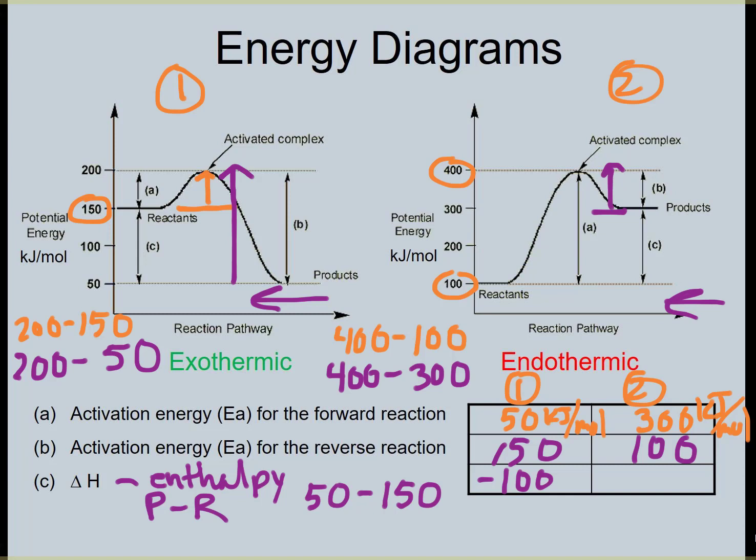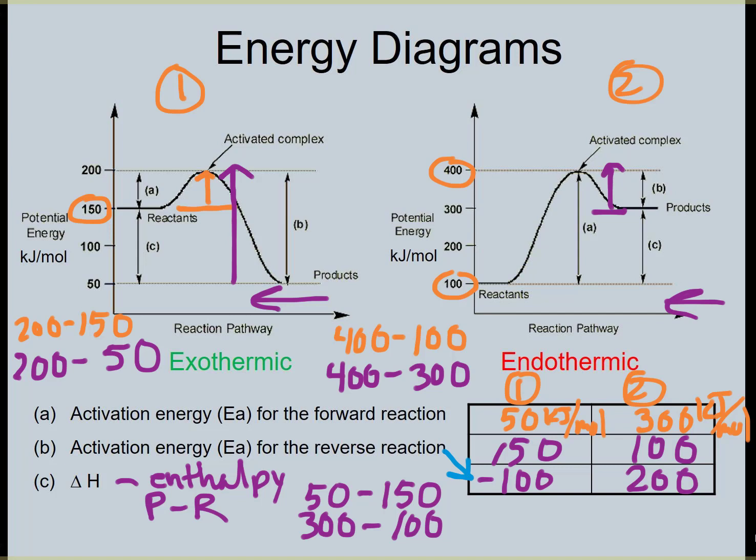And then on the second one, products minus reactants, I have 300 minus 100. So I have 200. So notice that in an exothermic reaction, you have that negative sign that tells you the direction that the heat is going, and it is leaving the reaction.